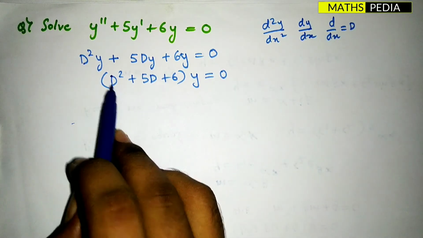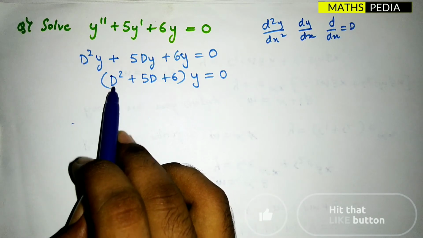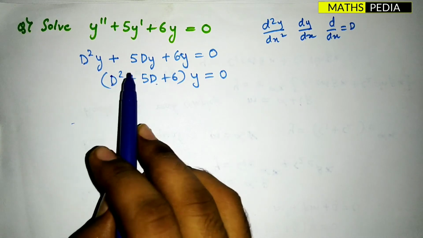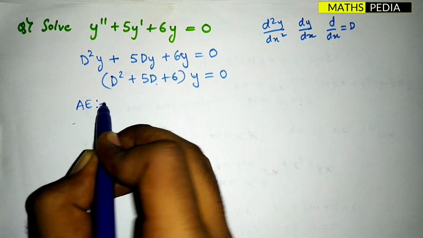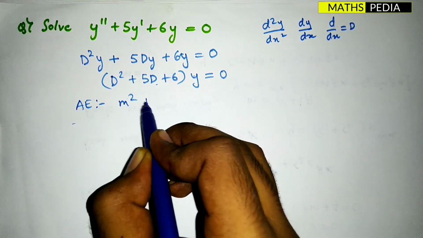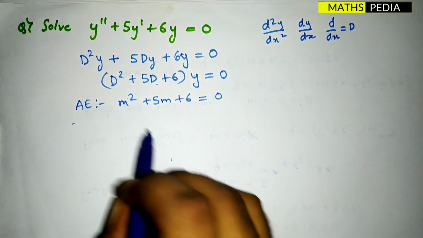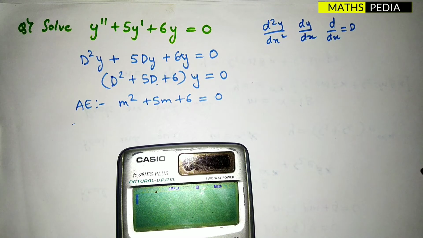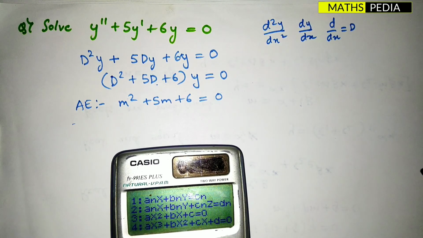Next, you have to convert this equation into the auxiliary equation. For the auxiliary equation you consider only the D part: convert D to m and remove y. So the auxiliary equation becomes m square plus 5m plus 6 equal to 0. Now we need to solve this equation. I'll feed it in the calculator so it's easy. You go to mode equation, then the third option, since the power is 2.